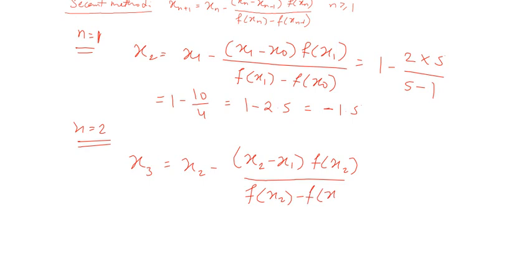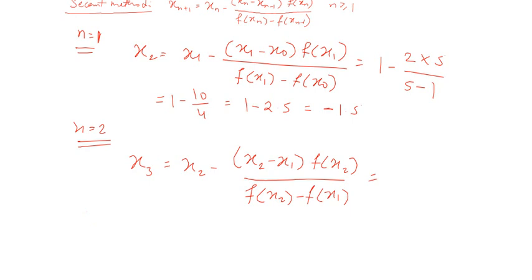The x2 value is minus 1.5, the x1 value is 1, and f of x1 is already obtained, that is 5.